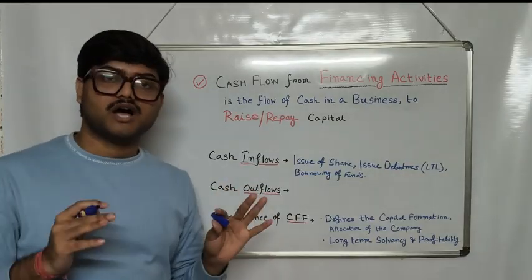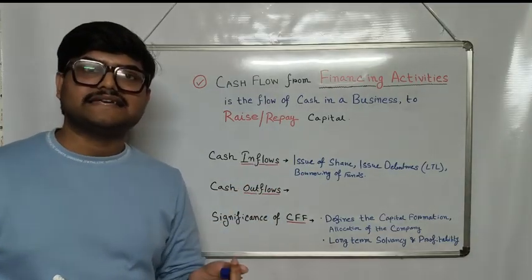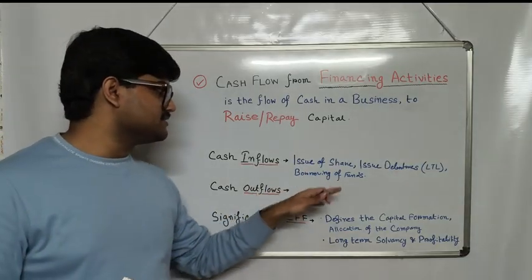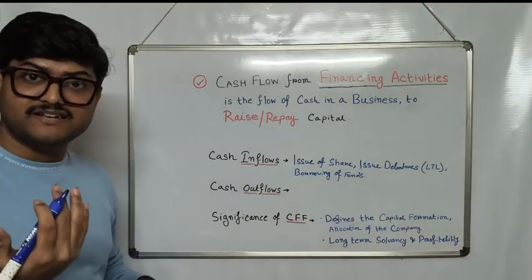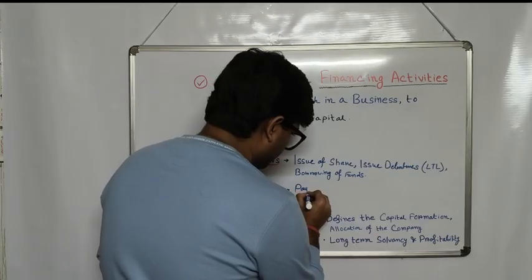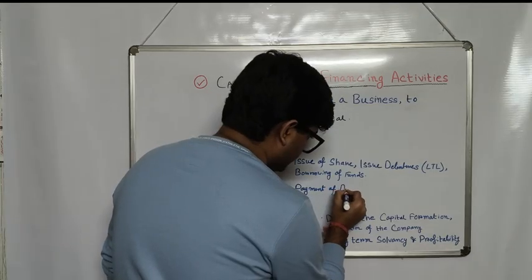Now we will talk about the outflows. You see, we have issued shares to raise the capital of our business. Now that we have issued the shares, we have to pay them dividend. Okay, so payment of dividend.